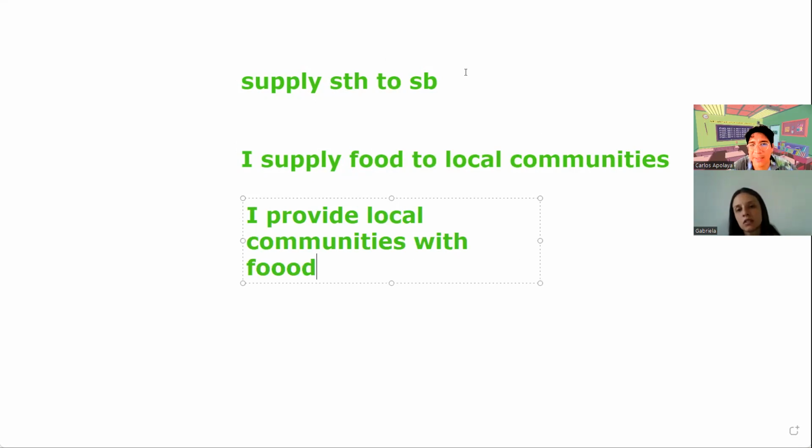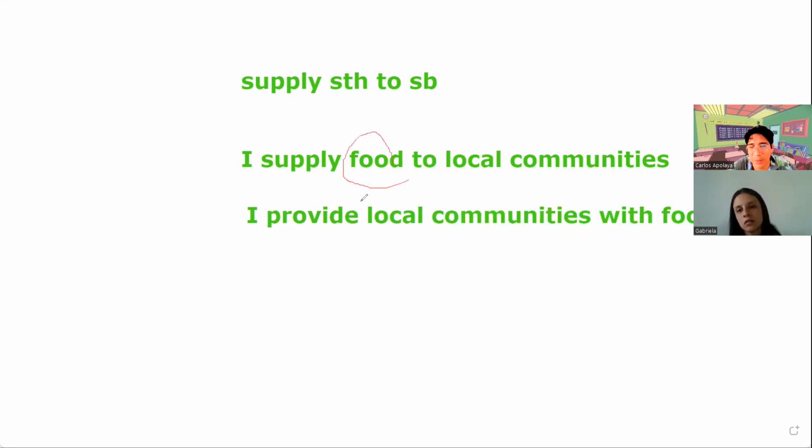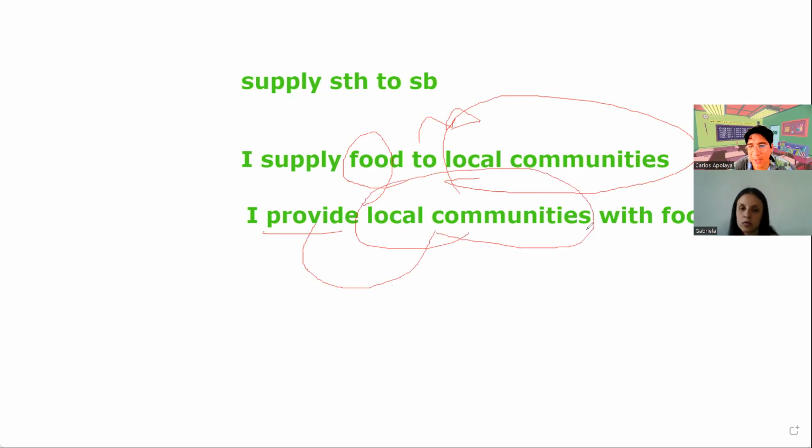Cuando utilizas supply, primero pones el objeto, luego alguien. Pero cuando utilizo provide, provees a quién con algo. ¿Te diste cuenta? Supply, proveer, administrar, brindar.